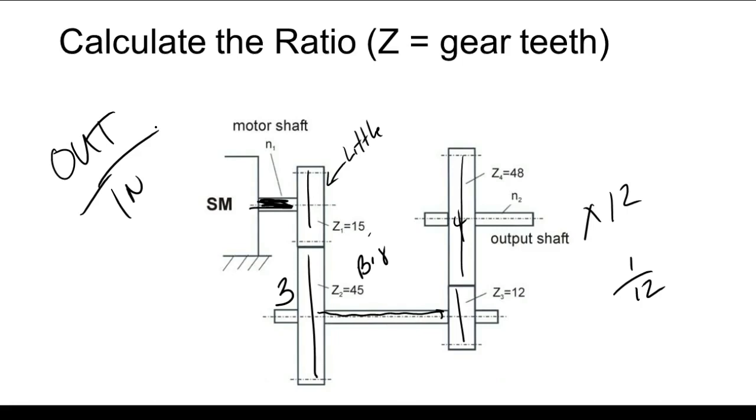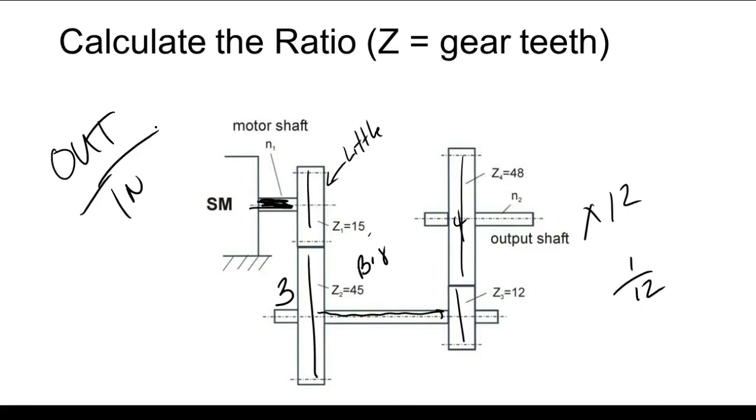So here, when I come up with the 12, since this is a torque multiplier, why is it a torque multiplier? Because the out is the big gear and the in is the little gear. If the out is the big gear and the in is a little gear, then we're going to multiply torque and divide the speed.